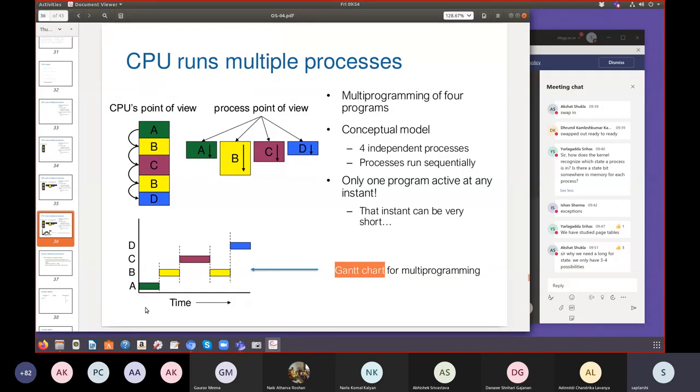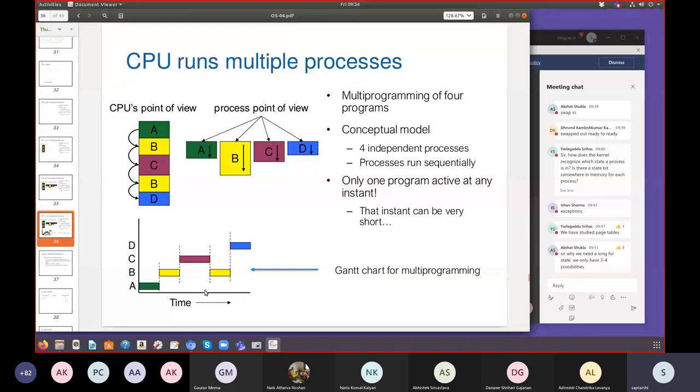So this is a sample Gantt chart of this scenario. At this point A is executing, at this point B, at this point C, then again B. But at a particular point of time only one process is executing. This is only known to the kernel.